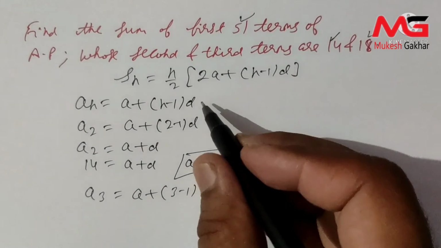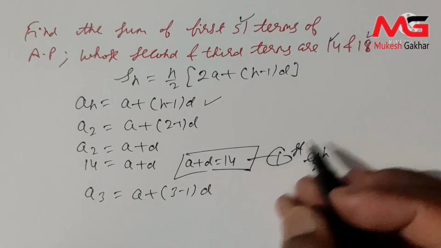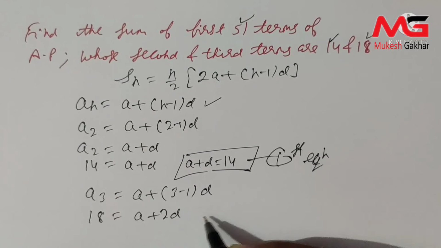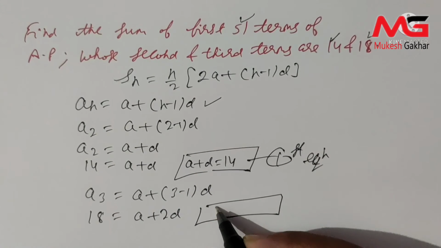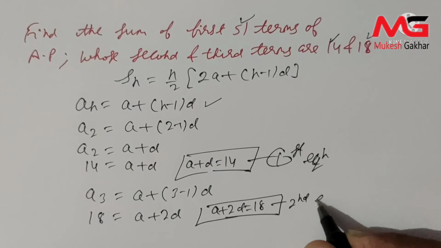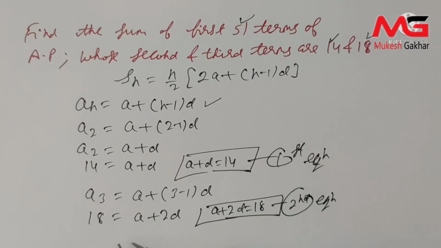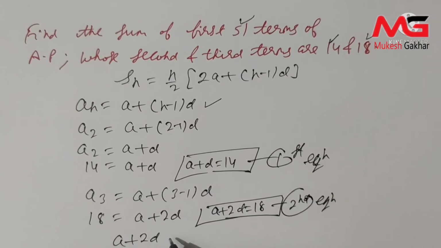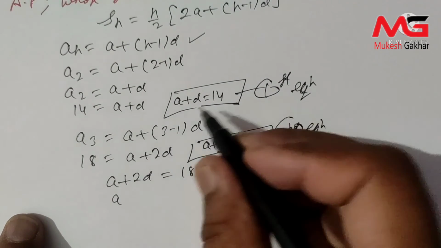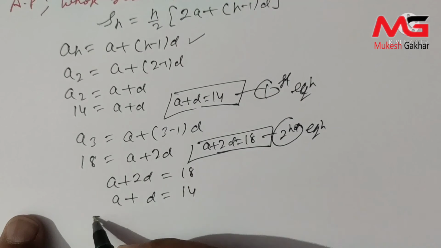We have to put the value here in the formula, a plus n minus 1 into d. So the a3 value is 18. a plus 2d. You can write like this: a plus 2d is equal to 18. Second equation. Now to solve these two equations, a plus 2d is equal to 18, and the first one was a plus d is equal to 14.